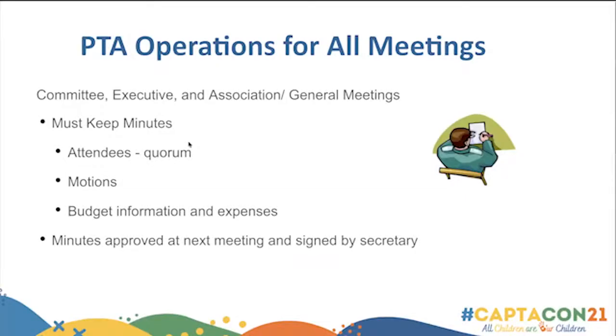So, as we just reviewed, there are 3 types of meetings: committee, executive, and association or general meetings. Minutes are kept at all of these meetings. Quorum is determined depending on the type of meeting. Your bylaws will tell you what your quorum is for each meeting. Motions, budget information, and expenses are recorded in the minutes of each of those meetings.